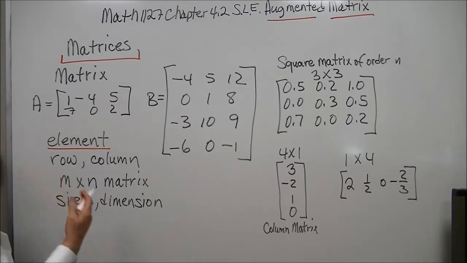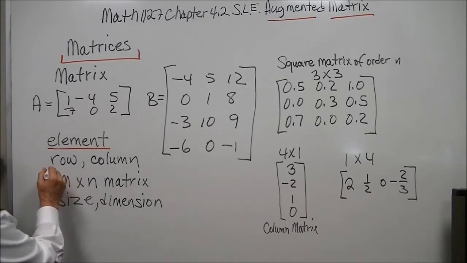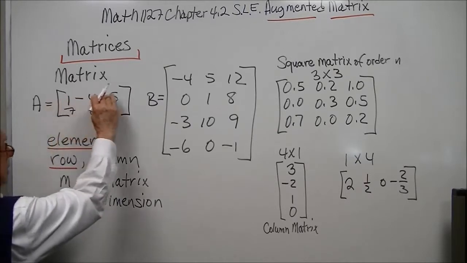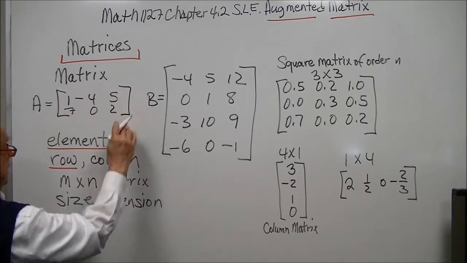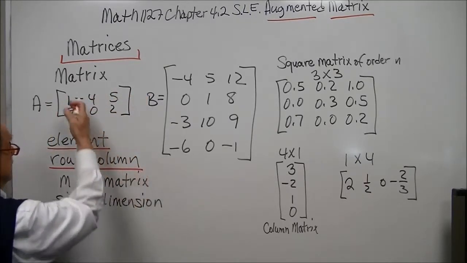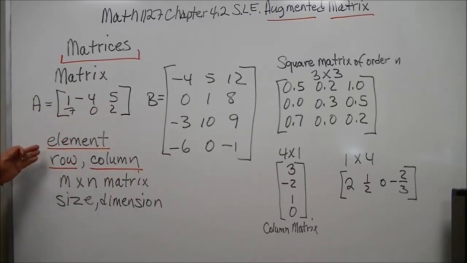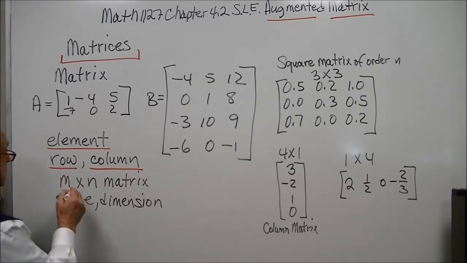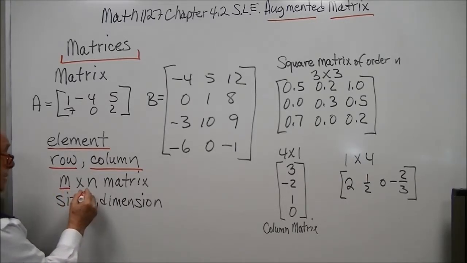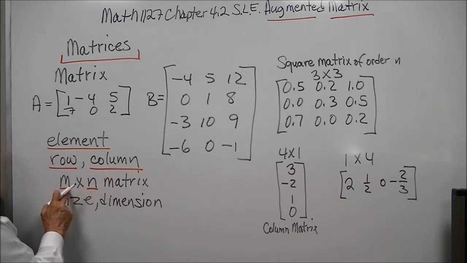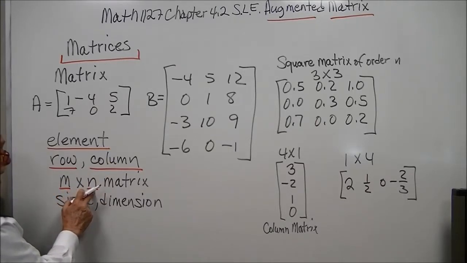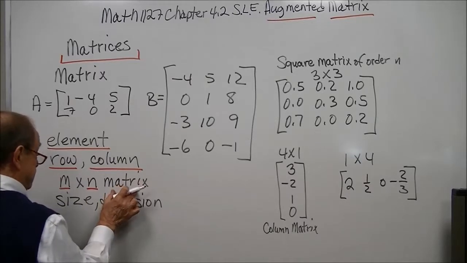And then when we line them up in rows that are horizontal and columns that are vertical, we use the row and column to identify the kind of matrix that we have. So for instance, if this is our row and this is our column, this would be an M by N matrix.